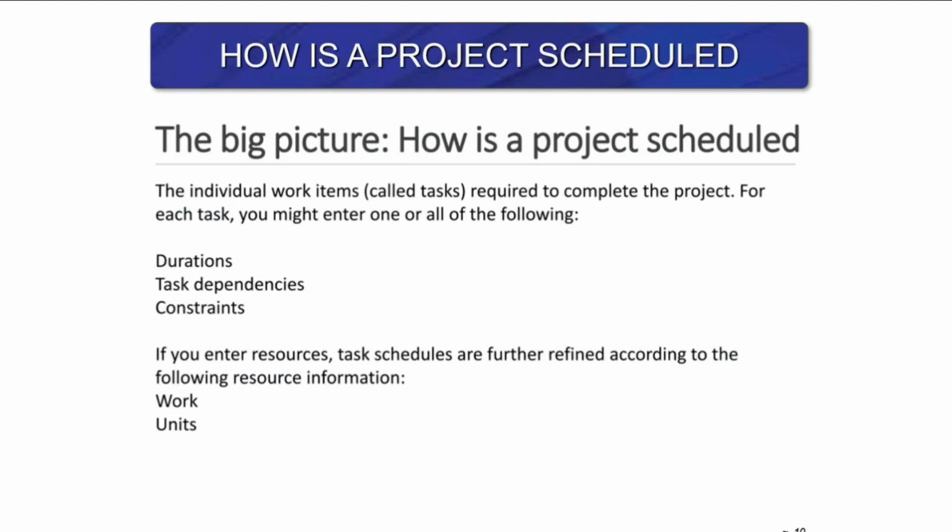Okay, when there are so many uncertainties and variables involved, how is a project scheduled? So we know schedule is about allocating different resources. So we want to see how this can be done. The big picture is the individual work items called tasks or activities required to complete together in order to finish the whole project.